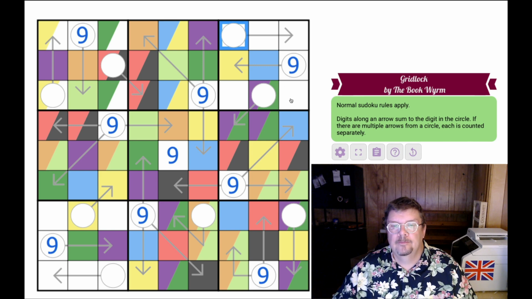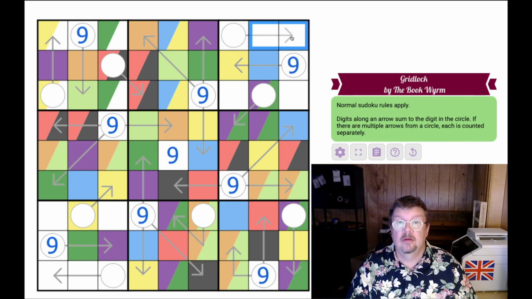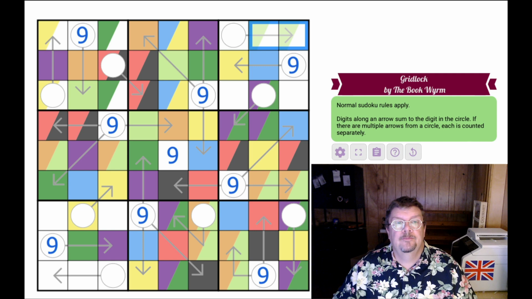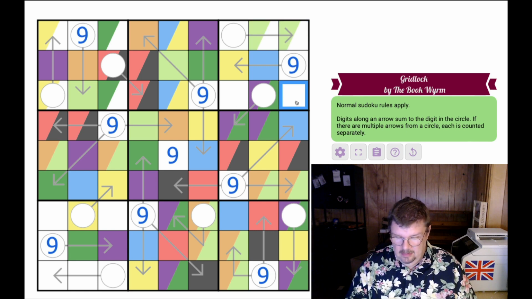I need a black, red, and a... Okay, I've got a light green in one of those three, but it's not that one because of this. So I've got a light green in one of those. I've got an orange in one of these two by Sudoku, but this is orange because that one can't be. Okay, that's good.